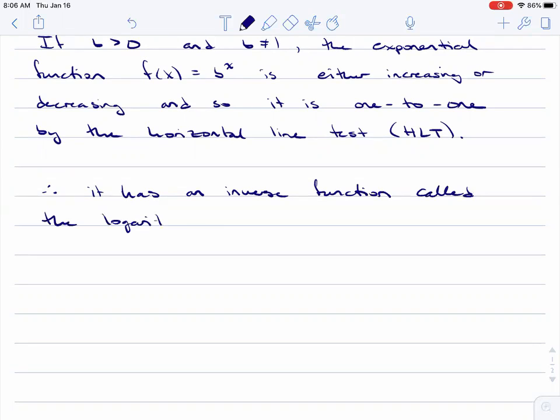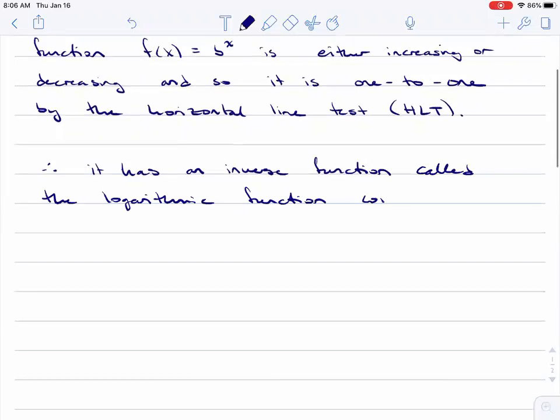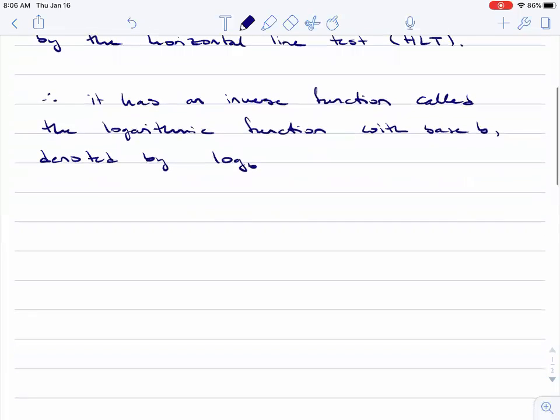Called the logarithmic function with base b, the same base as the exponential function, and it'll be denoted by log base b.